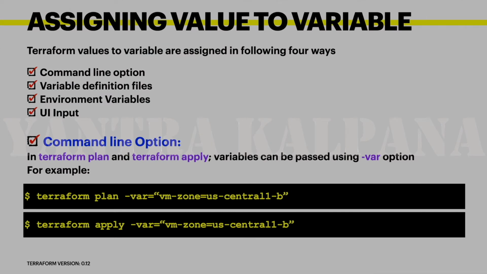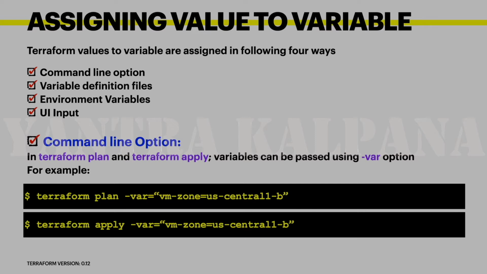So how do we assign the value to the variable? There are many ways you can assign the value to the variable. One is that you can provide it on the command line, or you can provide it through variable definition files. You can provide it through an environment variable, or you can supply the value of the variable in the UI. We'll talk about each of them in the coming slides. So first, start with the command line option.